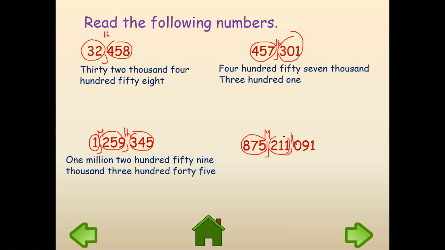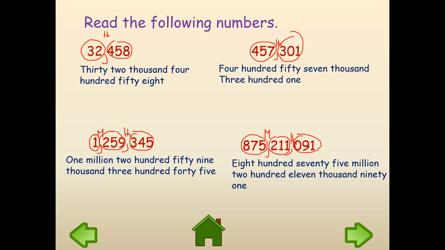Then, how do we read these 3? 211 what? 1,000, the second comma. Then 91. So 875,211,091. So don't forget the comma. Now we have to place 2 commas for big numbers.